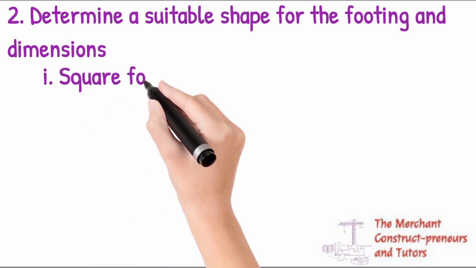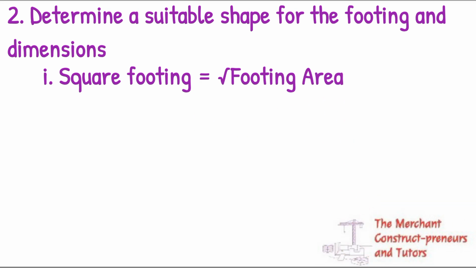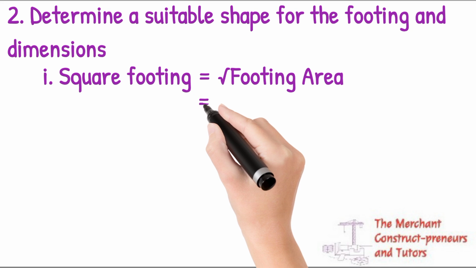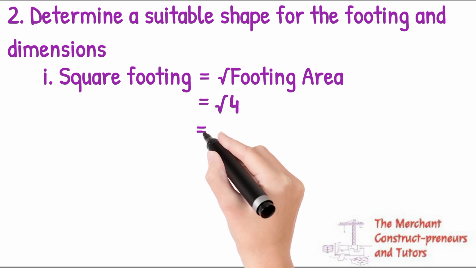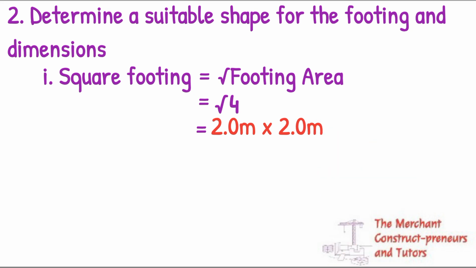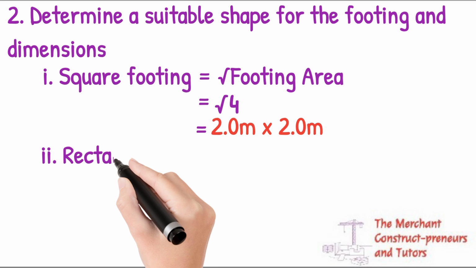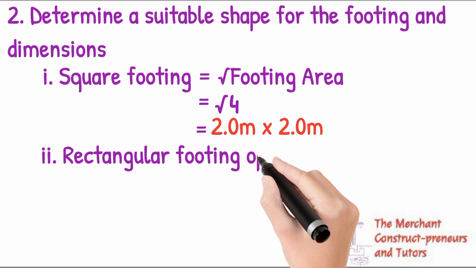The second step from our checklist is to determine a suitable shape for the footing and its dimensions. We have two options: the square footing or the rectangular footing. For the square footing, all the sides are equal, so we take the square root of the footing area, which is the square root of 4, so we have 2.